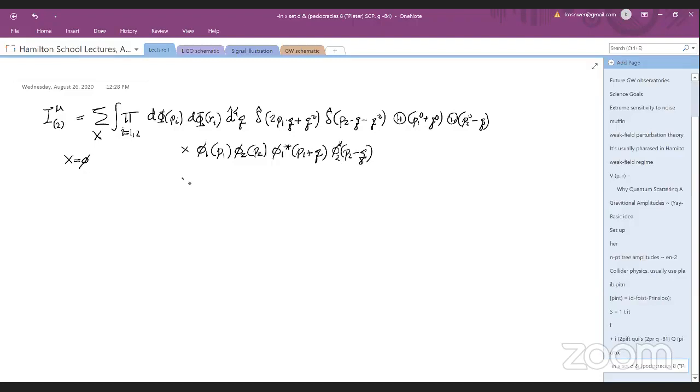We have, of course, our phase factor, and now it really looks like the difference of final and initial momenta. And we have, of course, an energy momentum conserving delta function that looks normal in the usual way.